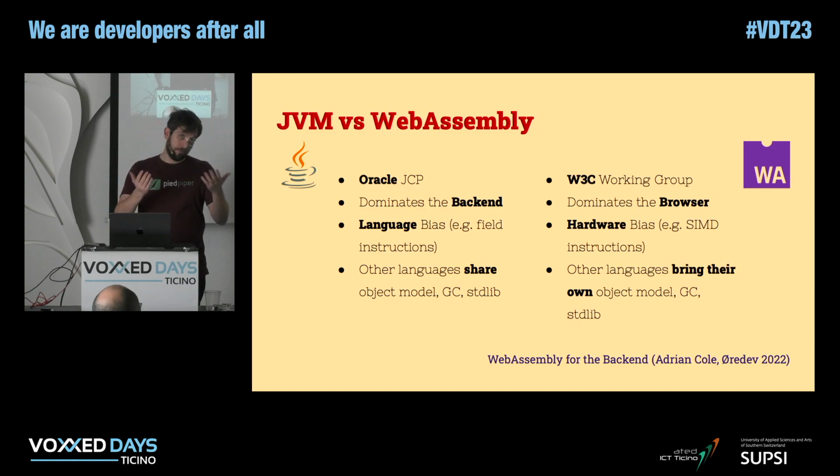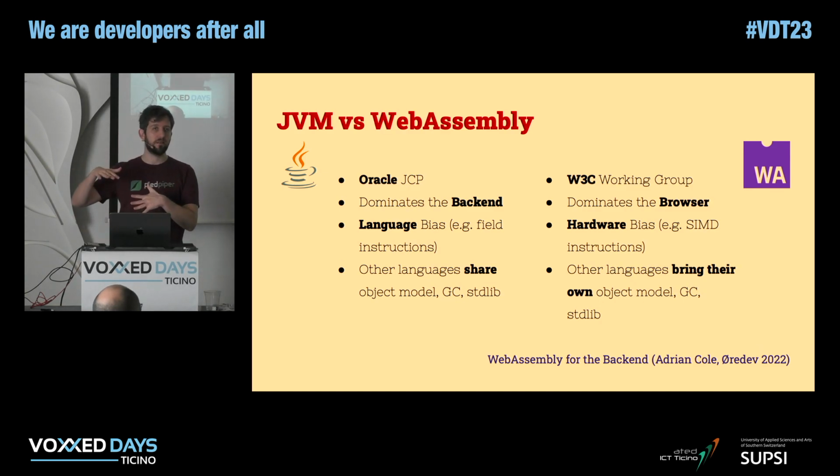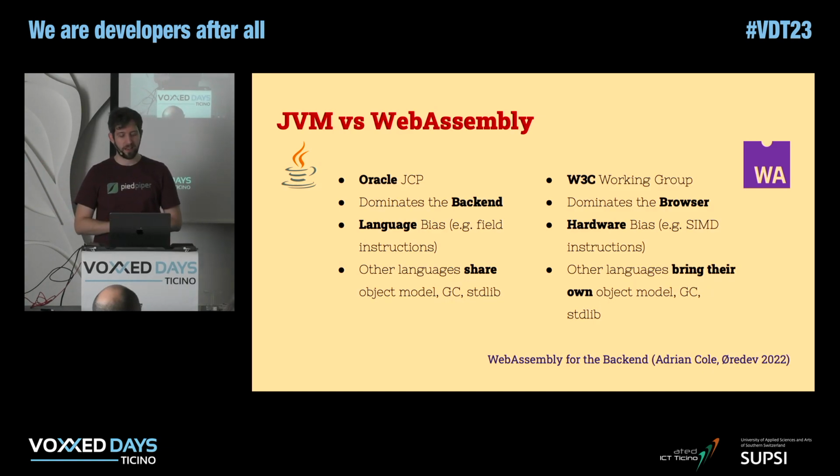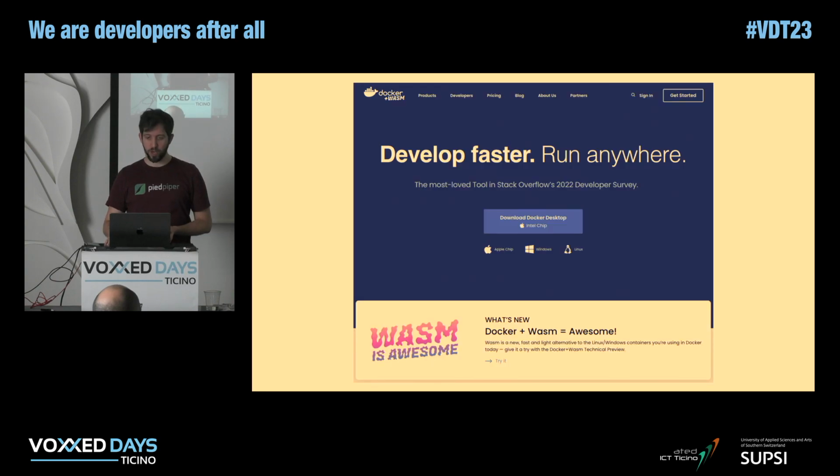Java is more used nowadays on the backend, and WebAssembly is a bit more biased towards the browser, but as we're saying, you can use it also in the backend. If we have enough time, I'll show you a tiny demo. There are other languages that share the object model, GC, and standard library, but on WebAssembly nowadays, every language brings its own object model, GC, and standard lib. I don't think I can give a lot of depth on that, but if you have questions, just ask.